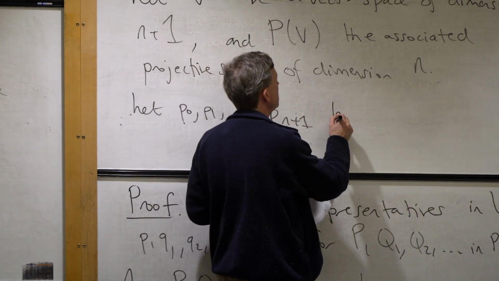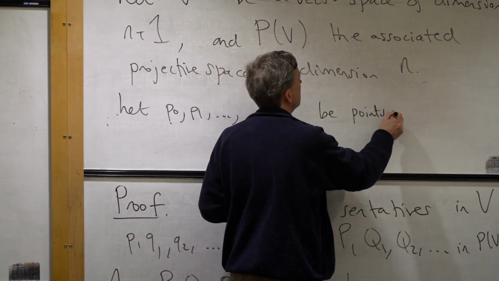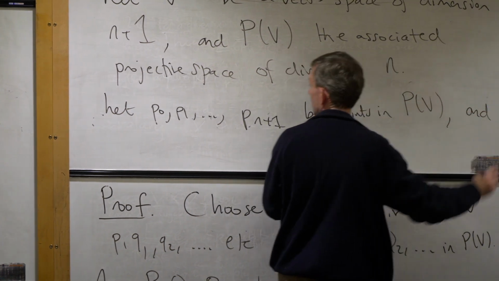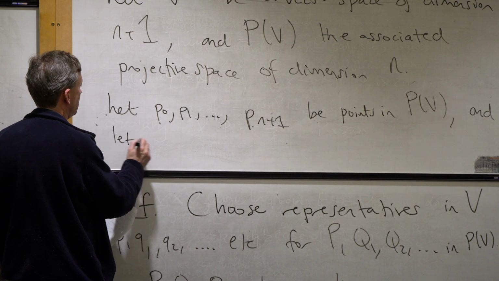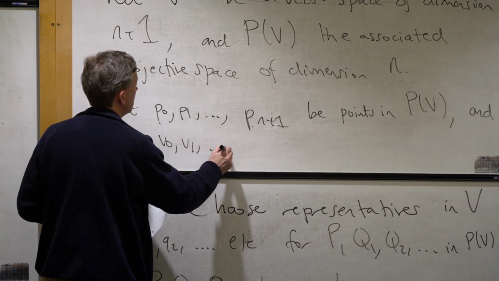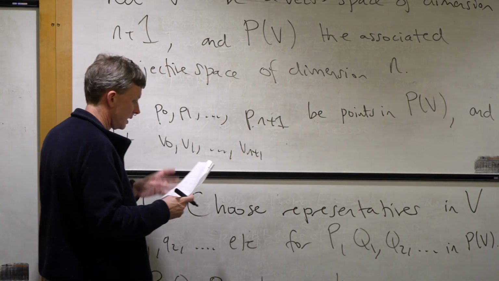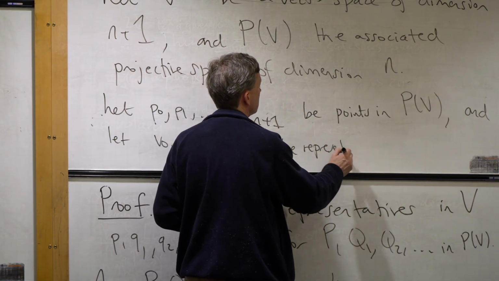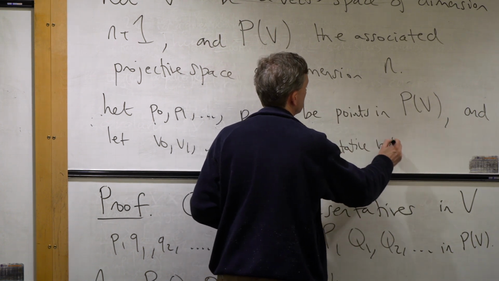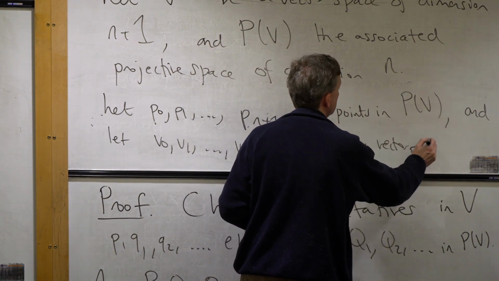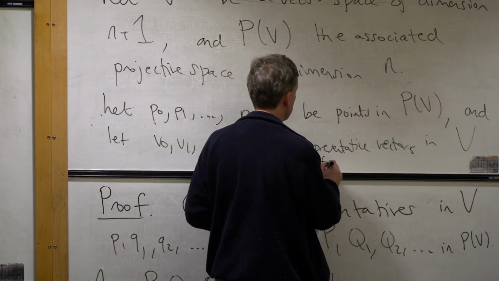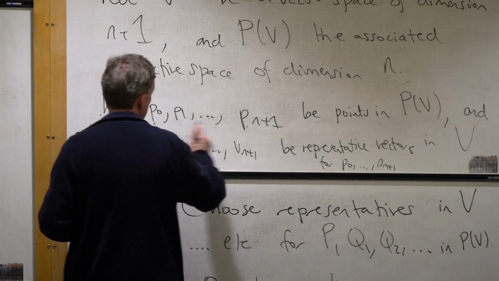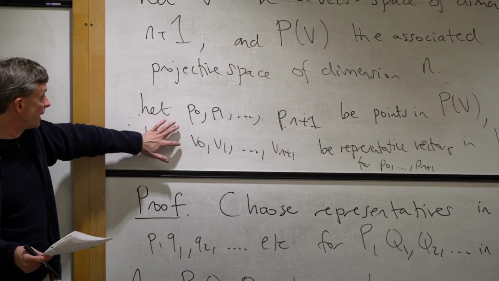Let these be points in big P of V, and let little v0, v1, up to v n plus 1 be representative vectors in the vector space big V for the points p0 up to p n plus 1. So these are only unique up to rescalings by non-zero elements of your field.